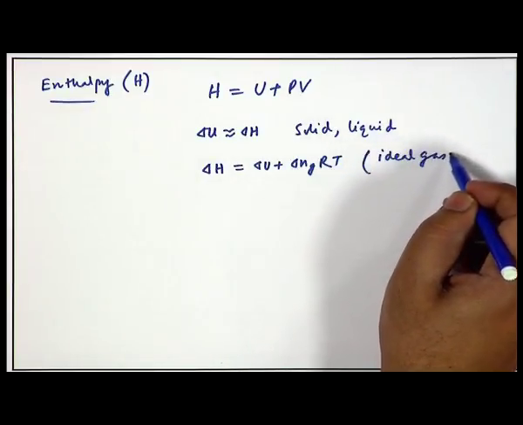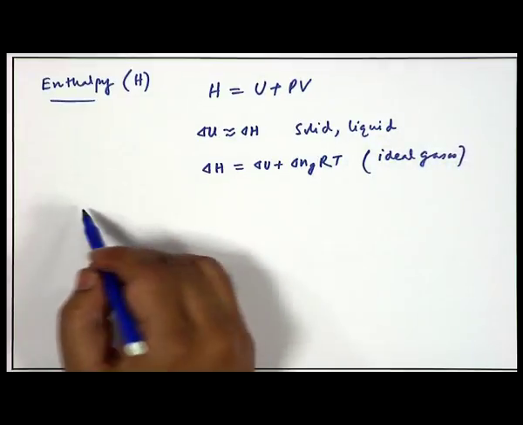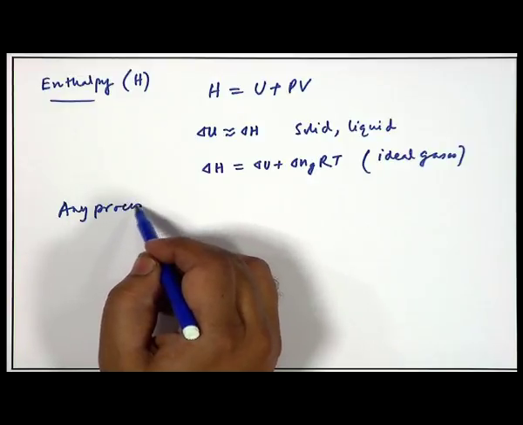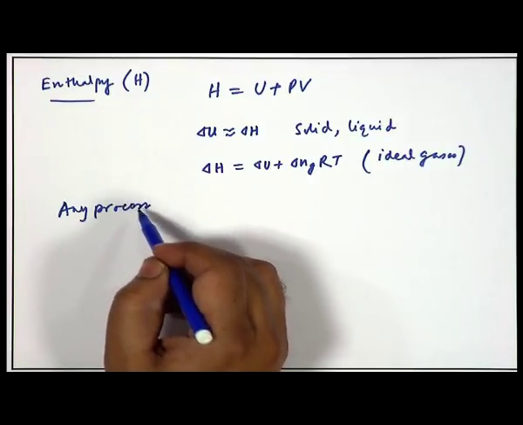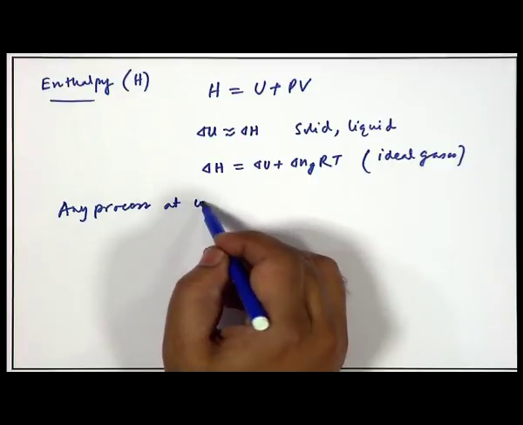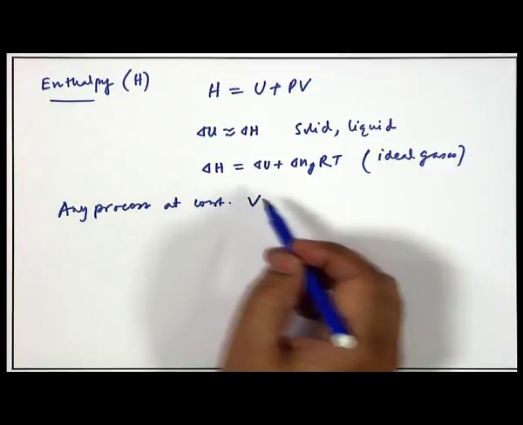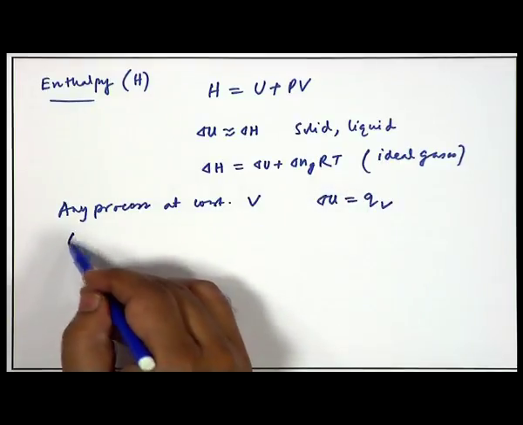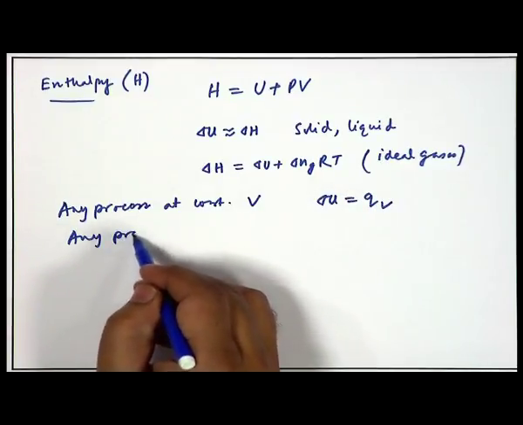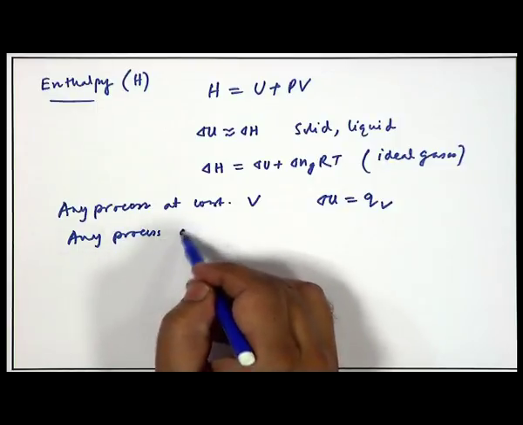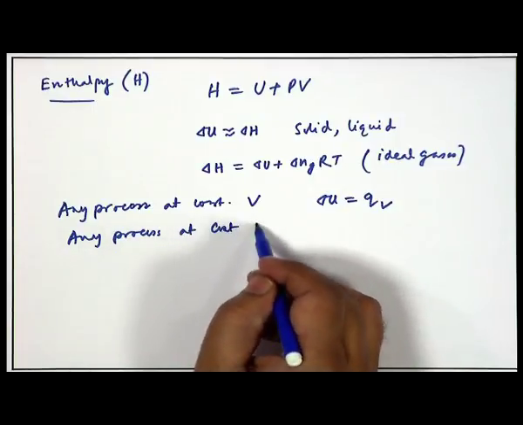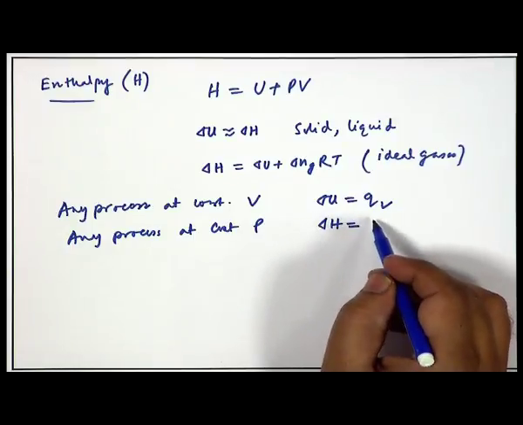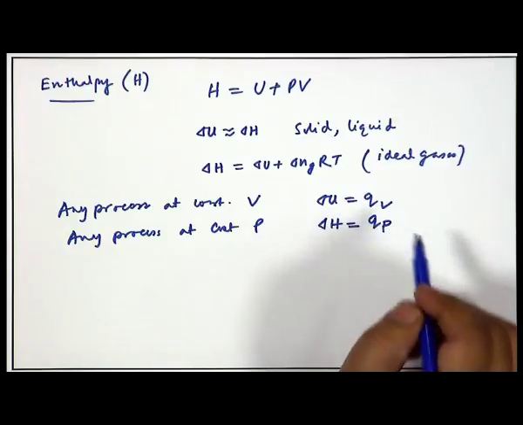We also have seen for any process at constant volume, del U is Q_V, and for any process at constant P, del H is Q_P.